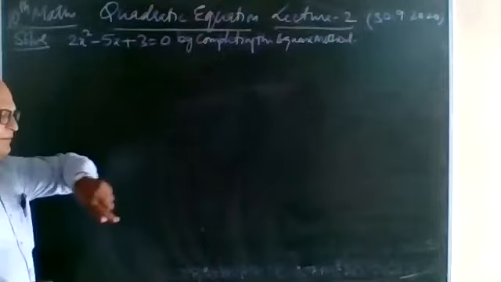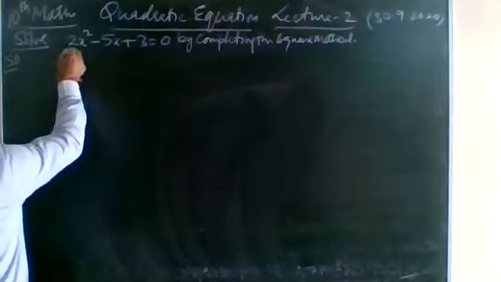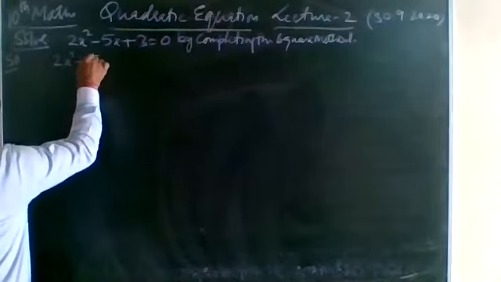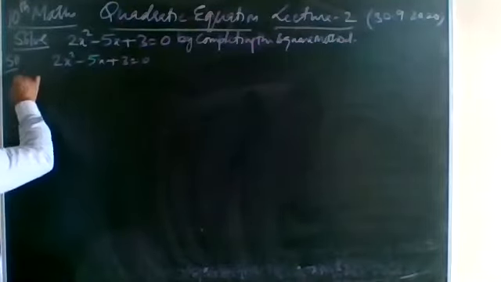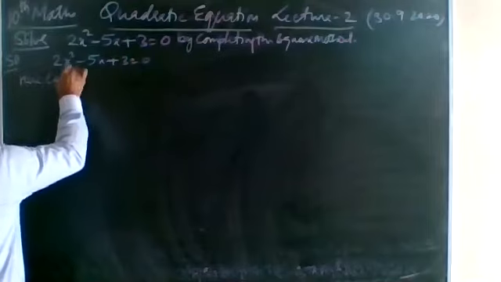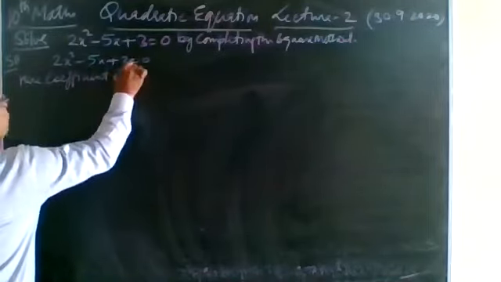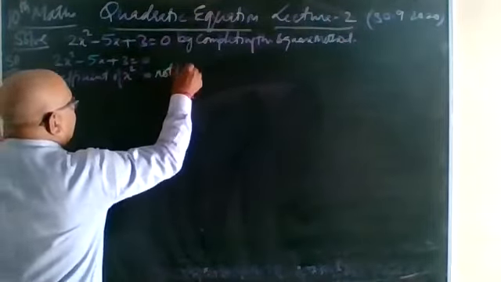Solution: 2x square minus 5x plus 3 equal to 0. Here the coefficient of x square is not 1.